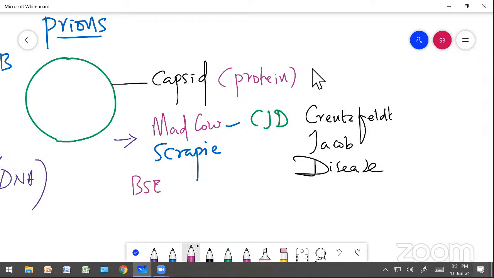B stands for bovine, S stands for spongiform, and E stands for encephalopathy.